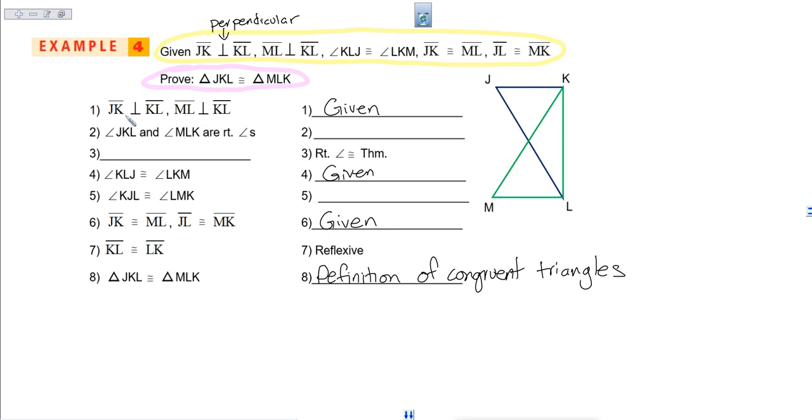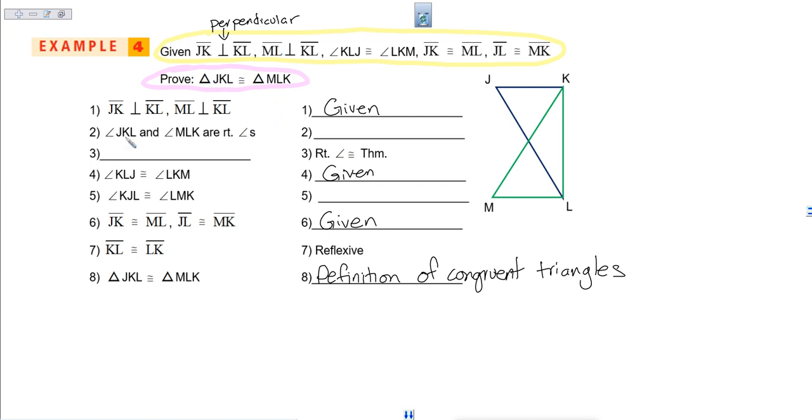Our first one says segment JK is perpendicular to segment KL, and segment ML is congruent to segment KL. Now, what do we know about segments that are perpendicular to each other and the angles they make?